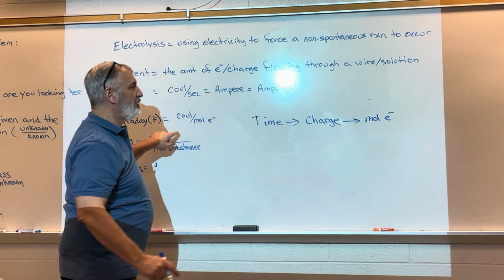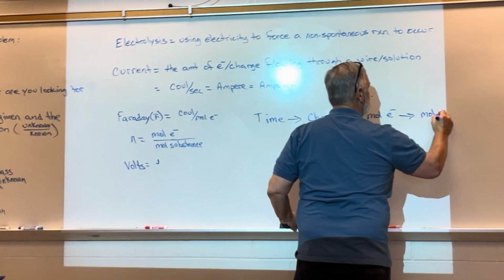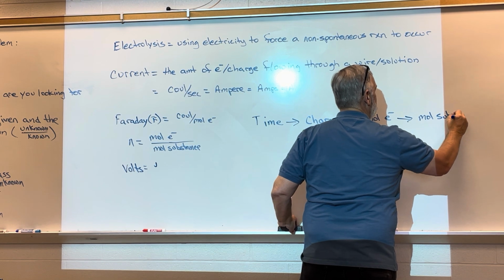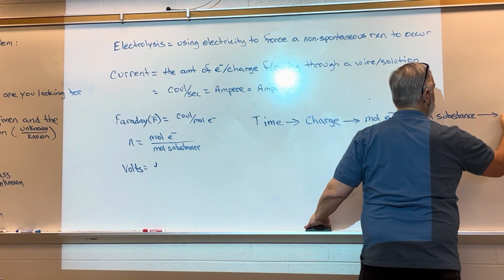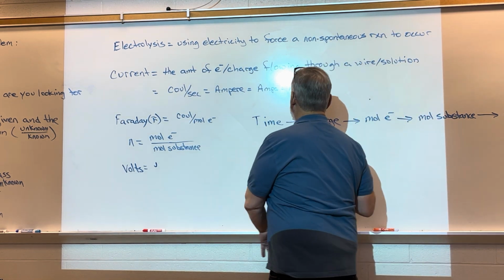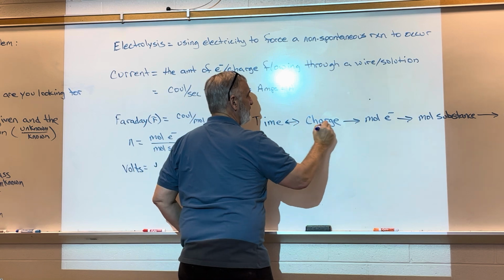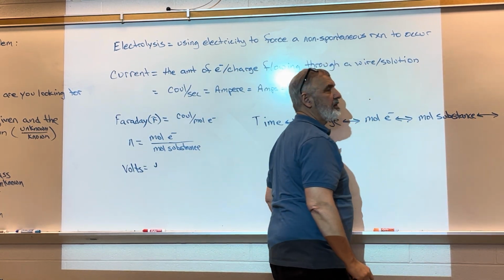Then you can go from moles of electrons to moles of substance using N, and then to grams of substance using the molar mass. So we're actually going to be able to go both ways on these types of problems.